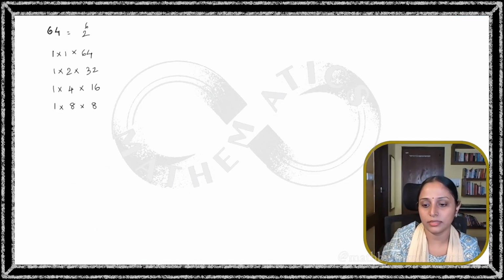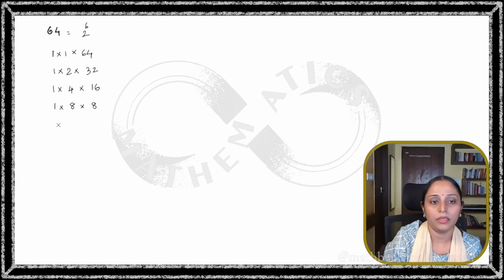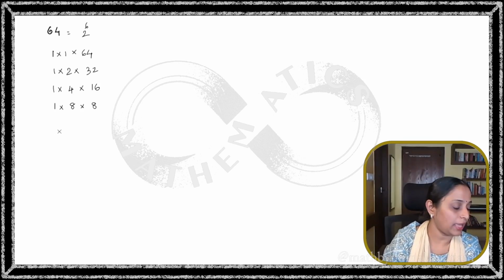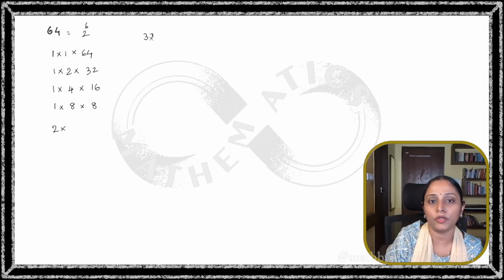So yeah, these are the different ways of writing all the three factors. Next, if I have a 2 here, right, I'm left with 32, right? 32 can be written as 2 into 16, or it can be written as 4 into 8, right? And then that's it.